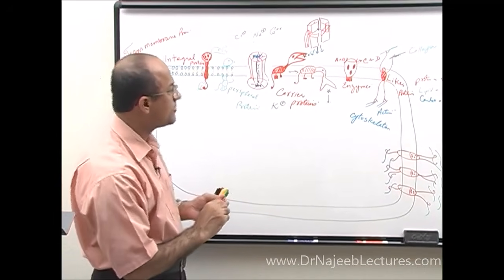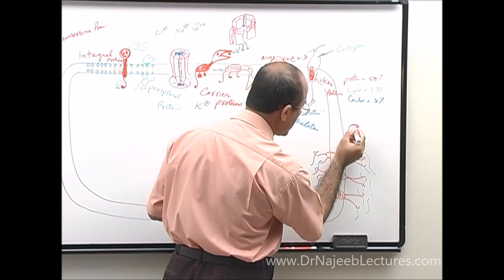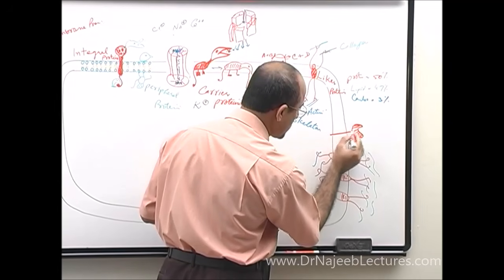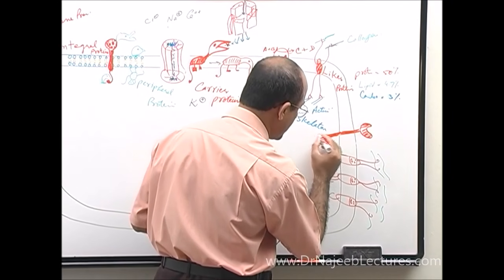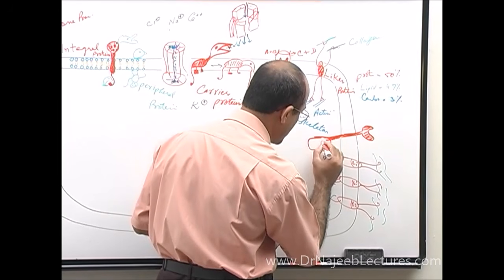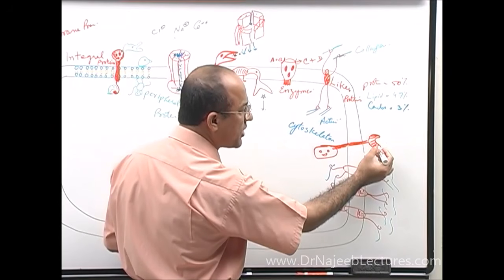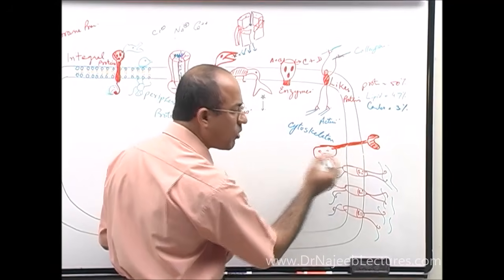Then integral proteins have one more very important function. Let's suppose this is a protein which is present throughout the membrane. This protein has an extracellular component, a transmembrane component and an intracellular component.